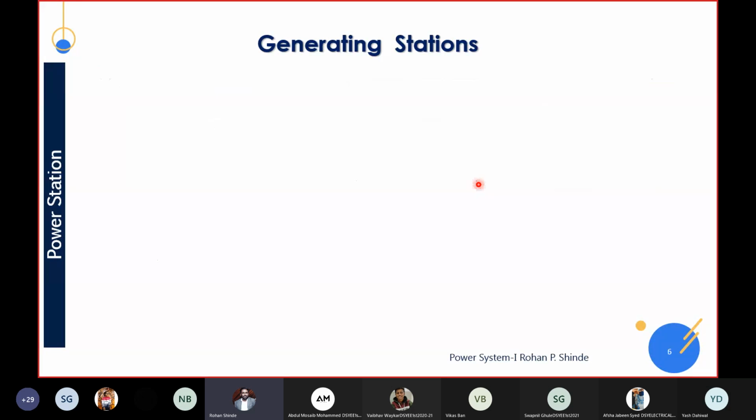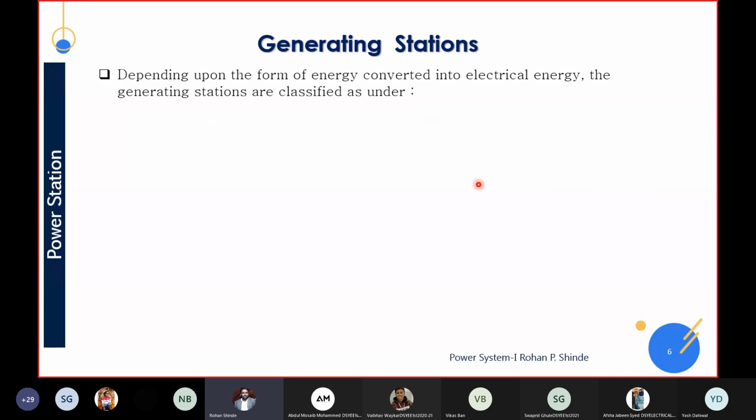So this is about the generating station. Now see here, generating stations are classified depending upon the form of energy converted into electrical energy, that means depending upon the input.